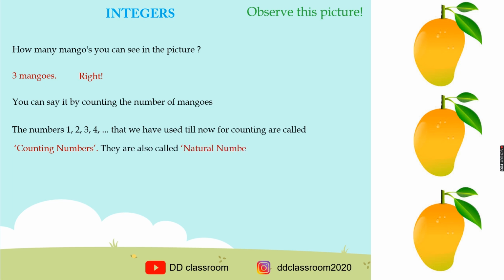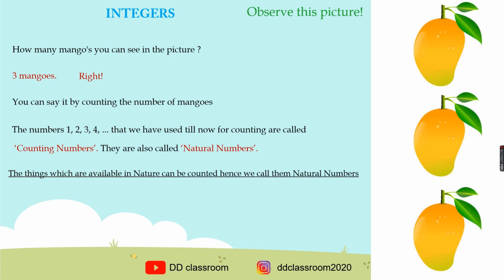They are also called natural numbers. The things which are available in nature can be counted, hence we call them natural numbers. Natural numbers like 1, 2, 3, 4, 100, 1000, 10 crore, this list never ends.